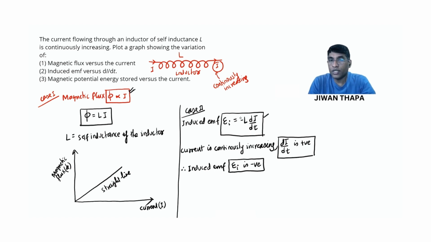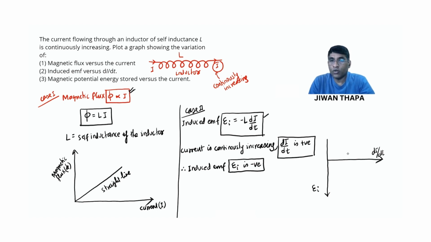Therefore, induced EMF is taken negative. So we are asked to plot induced EMF versus di by dt. I'm taking induced EMF in the vertically downward direction since it is negative, and di by dt along the horizontal direction.